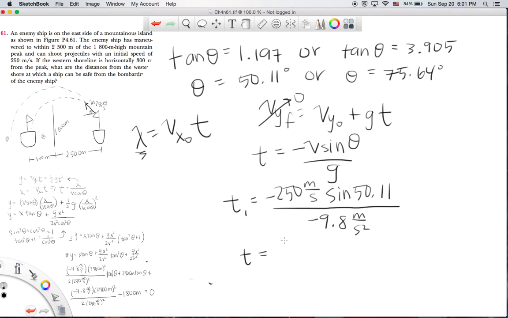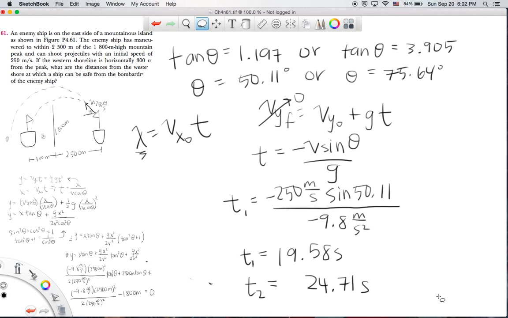So the amount of time that it takes for the projectile to reach its maximum height if launched at 50 degrees will be 19.58 seconds. And then if we do the same thing for t2, where we plug in 75.64 degrees for theta, then we'll get 24.71 seconds.